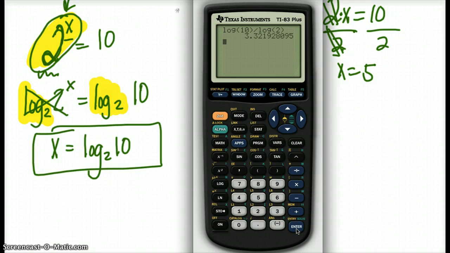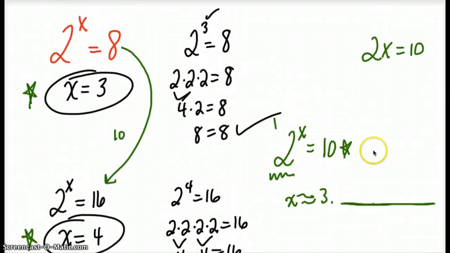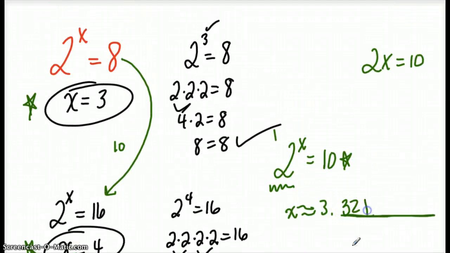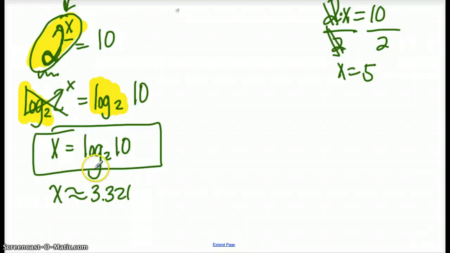Hit enter, and there's your answer, 3.321, which is what we predicted up here. These squiggly equals marks mean it's not exactly that, but it's approximately that. Okay, so that's how you do that. Now this part I'm going to teach you when I get back. So what I want you to get today is just this in the box.